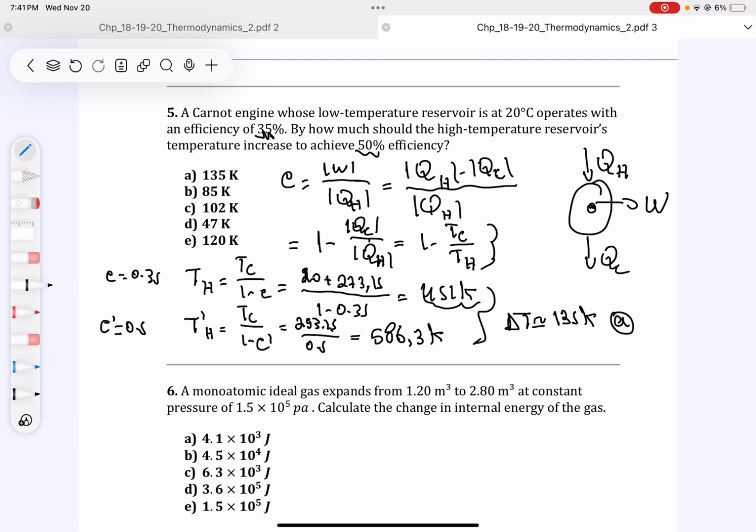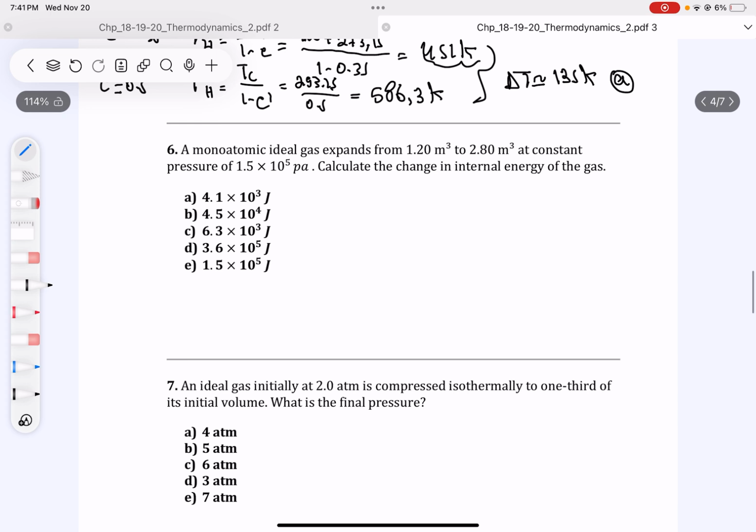Okay. Let's continue here. A monoatomic ideal gas expands from 1.2 meter cube to 2.8 meter cube at constant pressure. We are given the constant pressure. Calculate the change in internal energy of the gas.